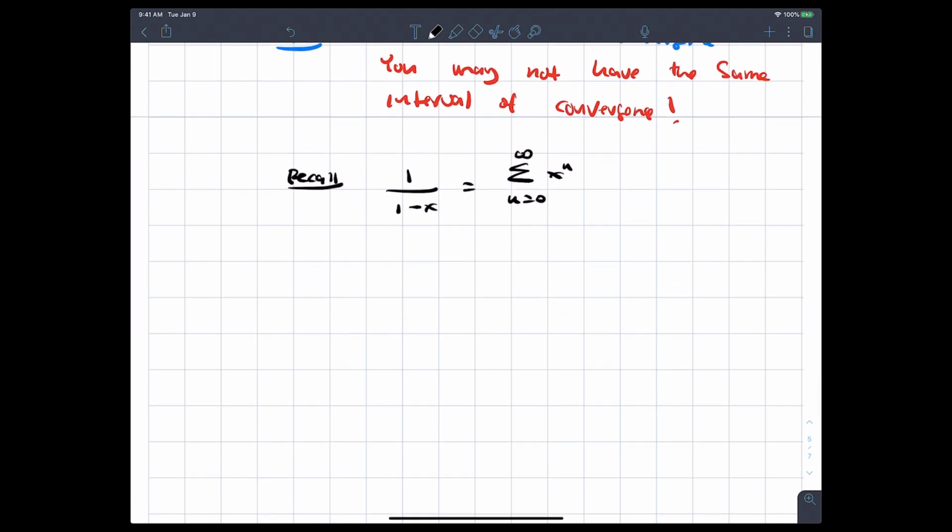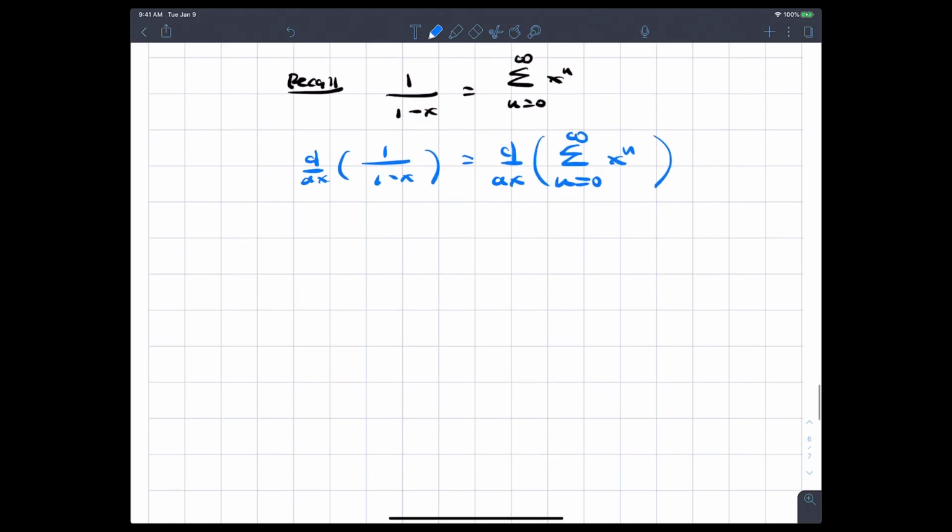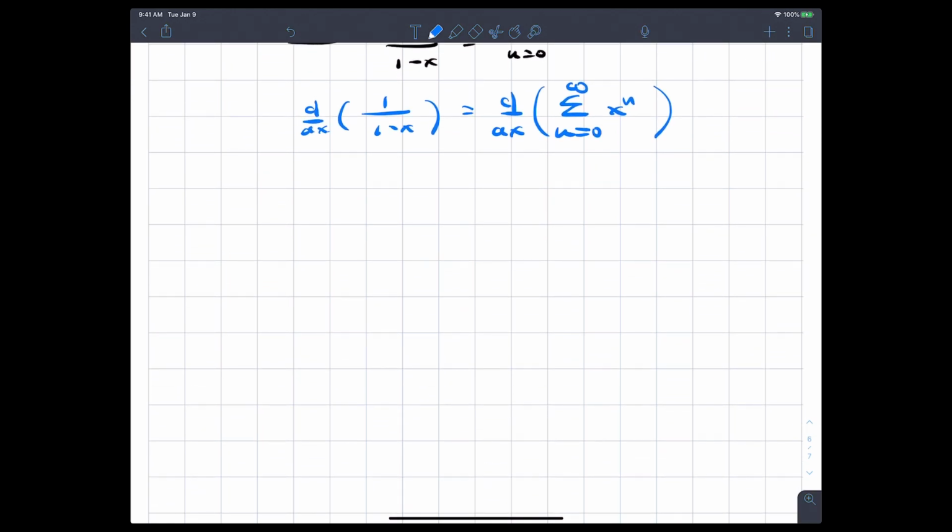So if I differentiate both sides, the left side, we obtain the following.